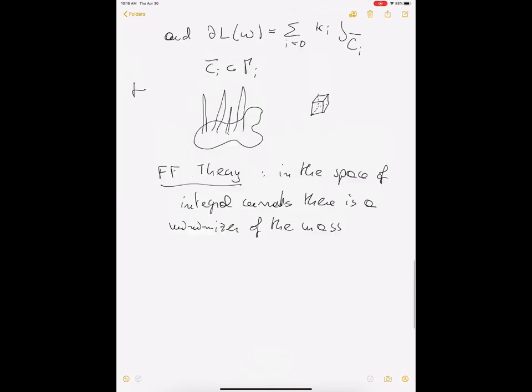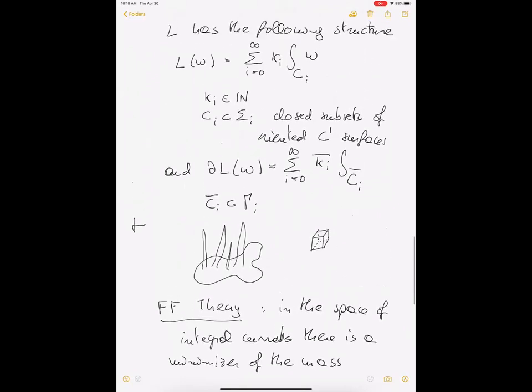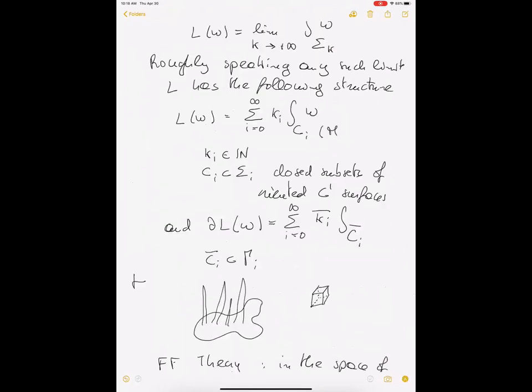And of course, you have to define the mass, and the way I would naturally define the mass of such a current L would be to say that the mass of L is the series of k_i times the volumes of the sets c_i. And this has to be properly defined, because if I have some silly situation in which I have c_1 and minus c_1, so I'm counting the same surface with positive and negative orientation, I have a superposition, and I might have a cancellation.